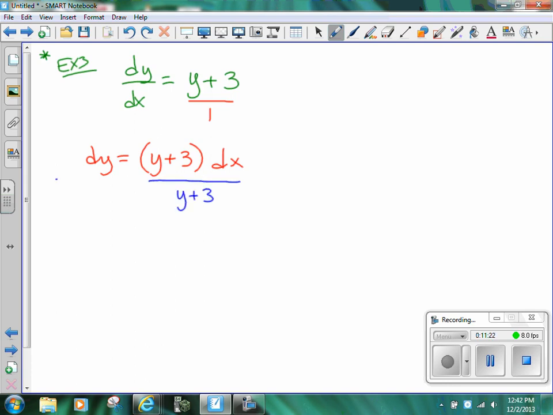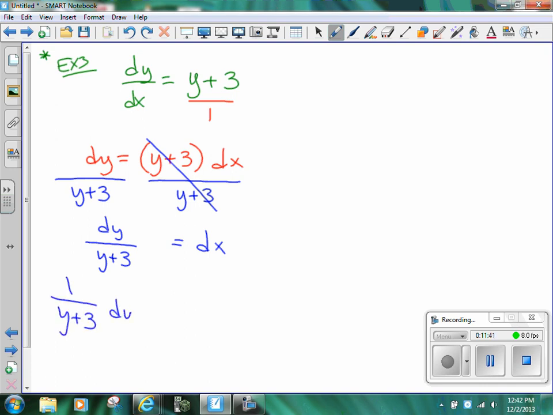This is where it gets a little weird. They cancel out on the right. And y'all know that drives me insane, that left side. Well, how am I going to separate it? 1 over y plus 3, dy is equal to dx. Why does that drive me crazy?